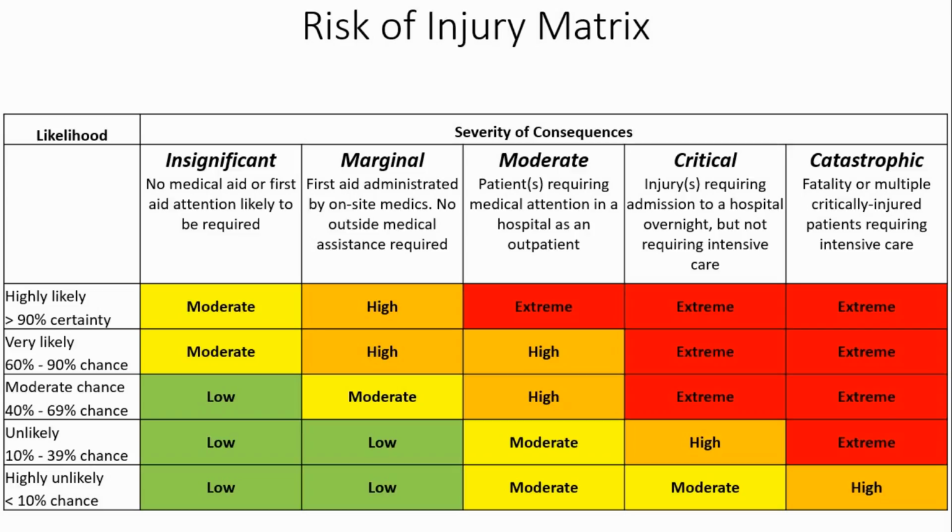And then catastrophic at the other end would be fatality or multiple critically injured people who require intensive care. That would be catastrophic. And again, you can see it can be classified depending on the severity and the likelihood, and you're given low, moderate, high, and extreme.